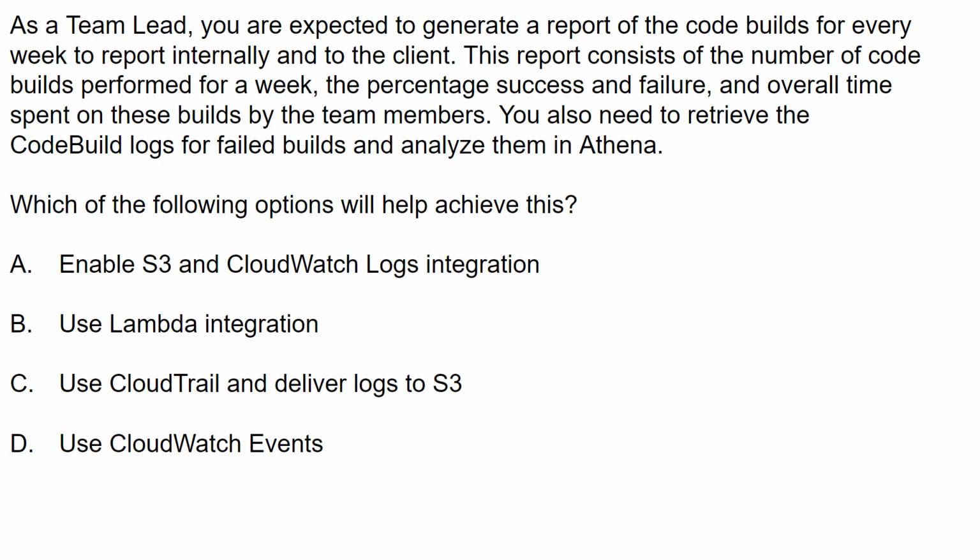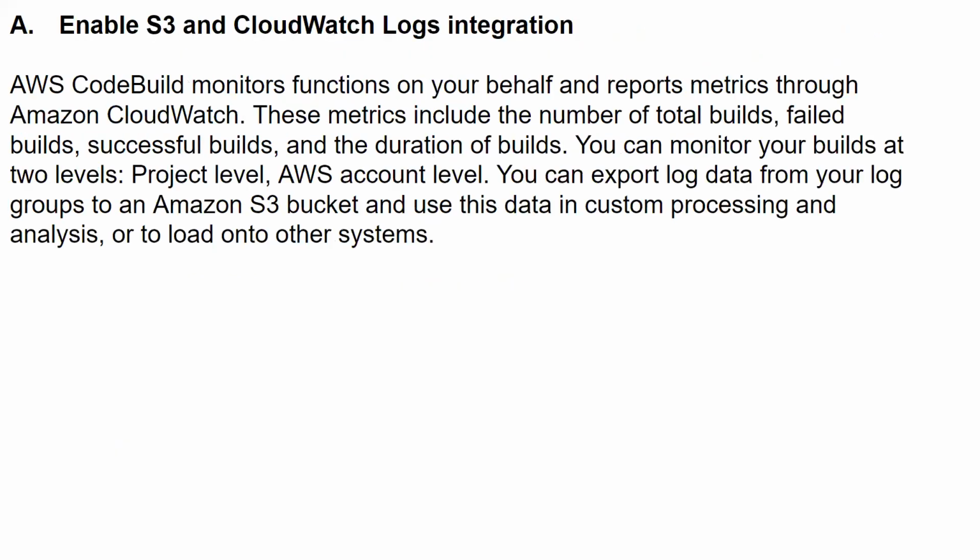You also need to retrieve the code build logs for failed builds and analyze them in Athena. Enable S3 and CloudWatch logs integration, use Lambda integration, use CloudTrail and deliver logs to S3, use CloudWatch events.